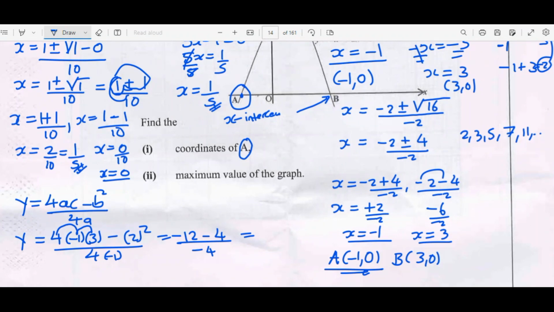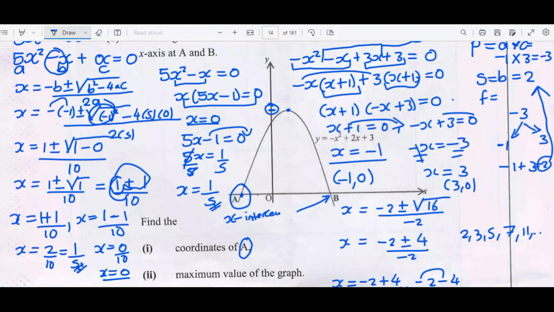So -12 minus -4 will give us -16 over -4. If we cancel, we can see that we are getting 4. And it's making sense. If you look at this point, the value of y is positive 4. Then if we move down here, this will give us the value of our x turning point of this parabola. So this is how we can answer a question like this one.